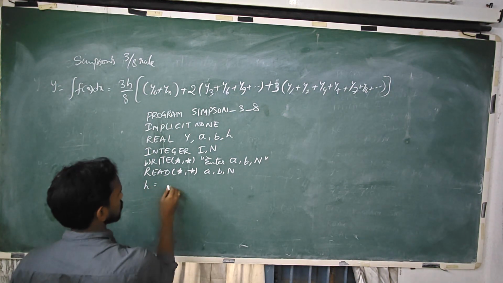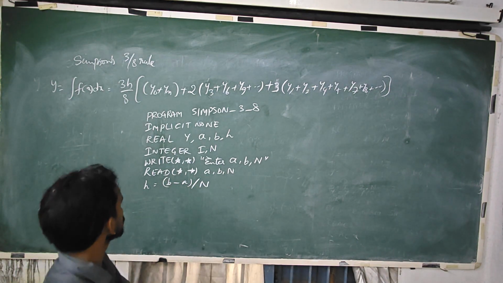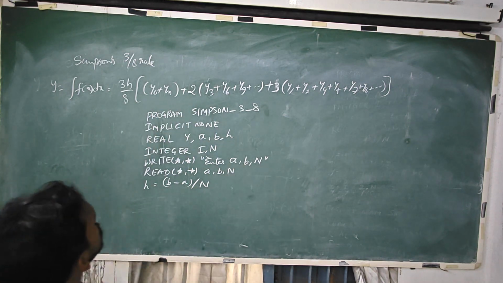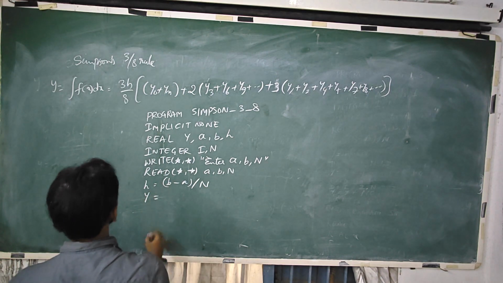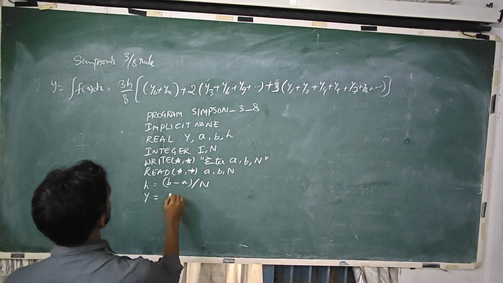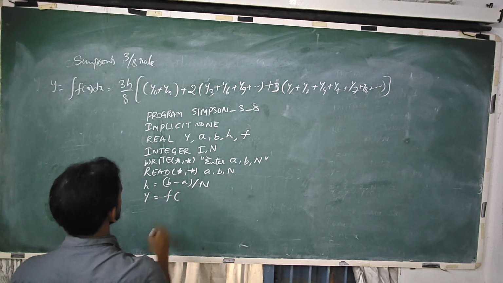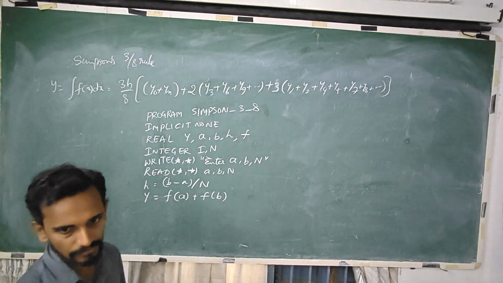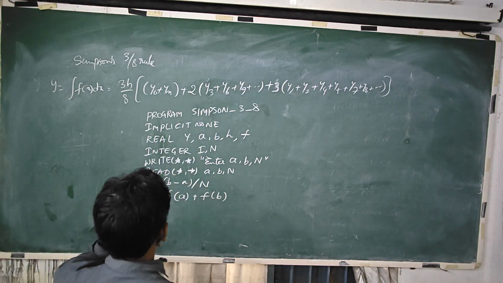Then h is b minus a by n. Then we need to calculate these terms. So I'm initiating the function with this is initial value, and we need to add all the other terms.